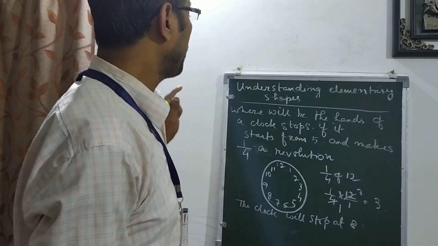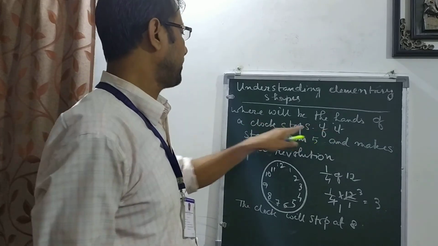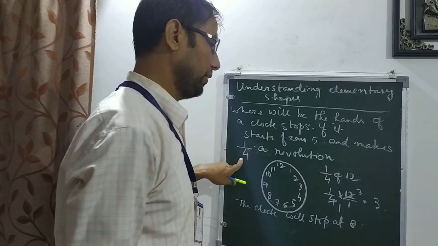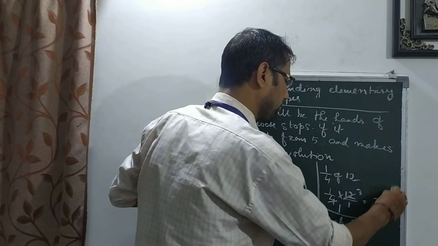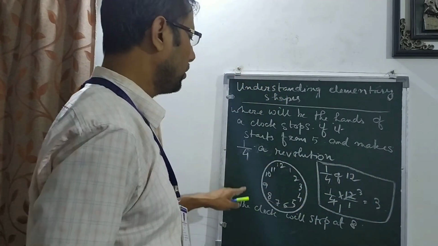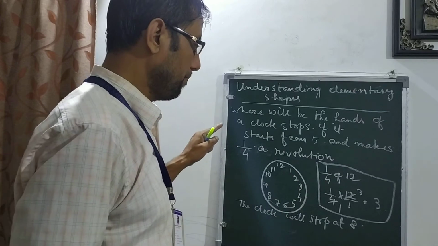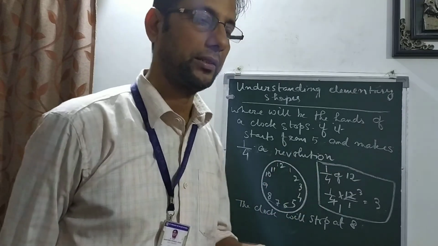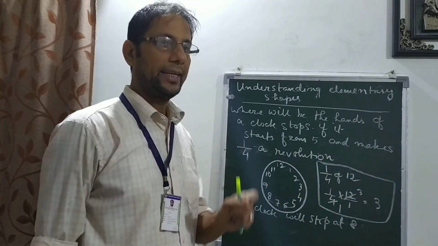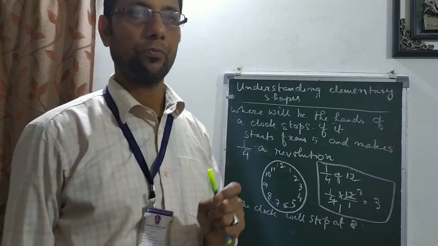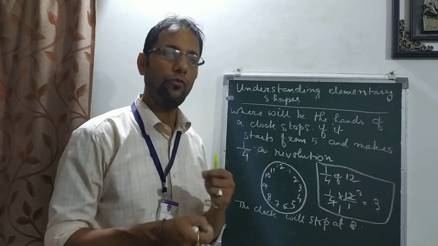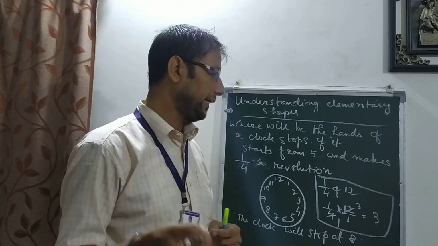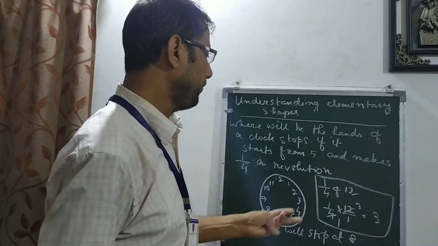See students, what we have learned: if the revolution starts from 5 and makes 1/4 of a revolution, first we should know what 1/4 means. In a clock there are 12 parts, and 1/4 means 1/4 of 12. So if the clock makes 1/4 revolution, it will move 3 parts.